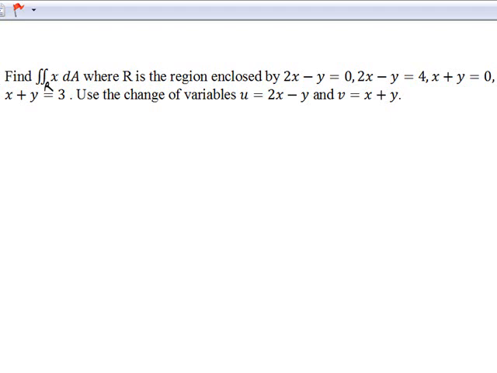You are changing the lines. So what do the lines become? U equals 0, U equals 4, V equals 0, V equals 3. Okay. What is the next step?